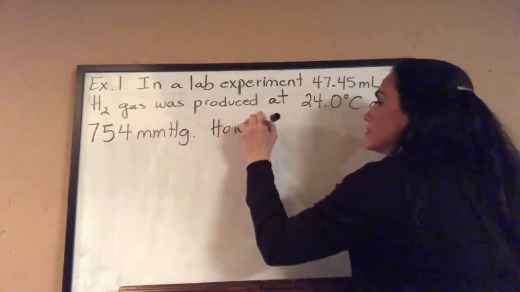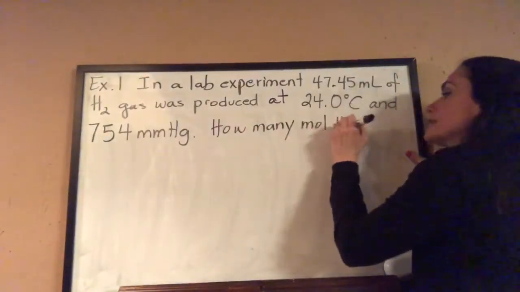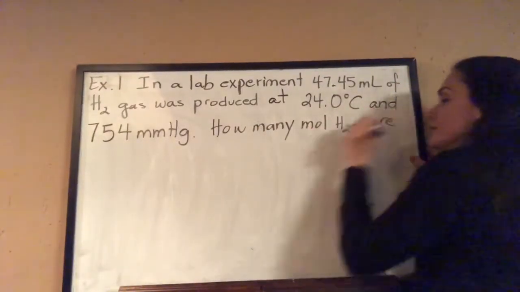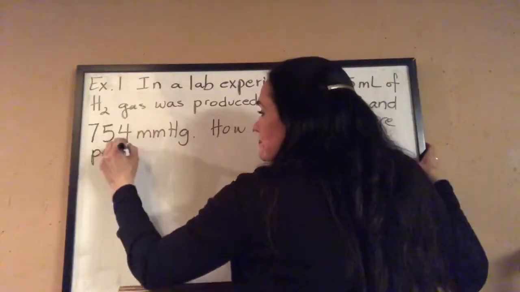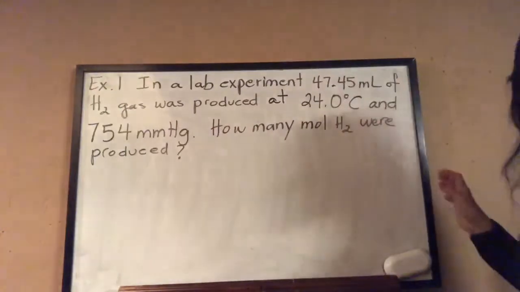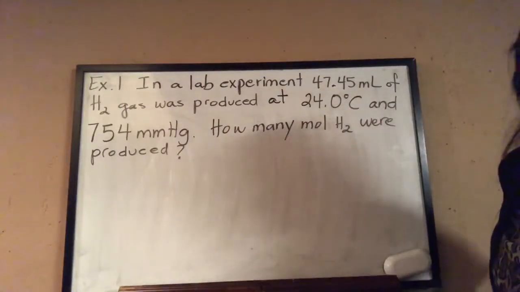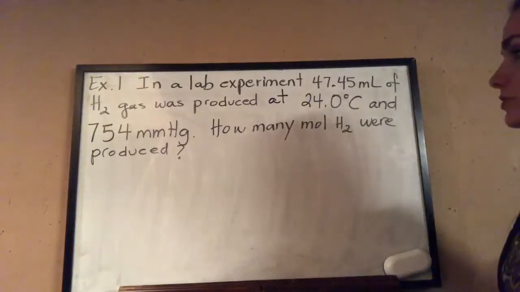How many moles of hydrogen gas were produced? Okay, this is a calculation you're going to have to do for experiment 8. Okay, you're going to have to calculate the moles of the hydrogen gas produced.